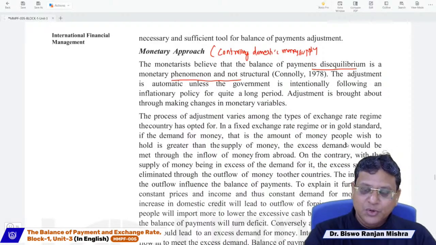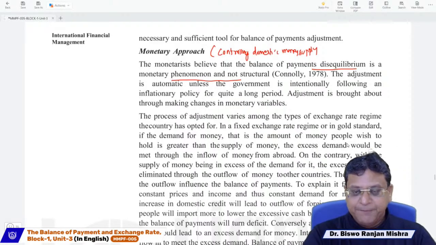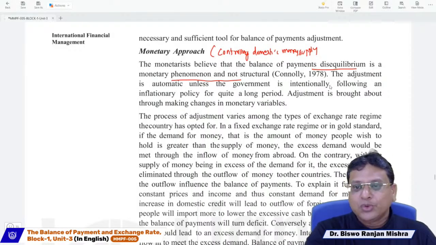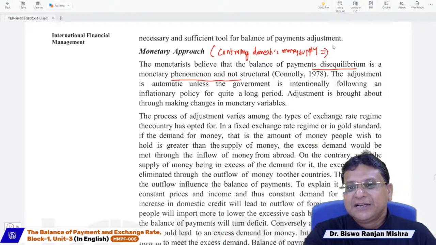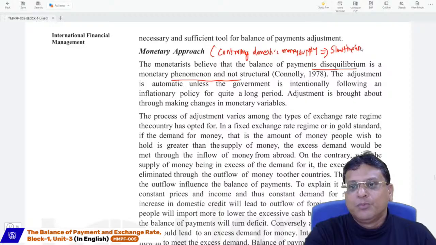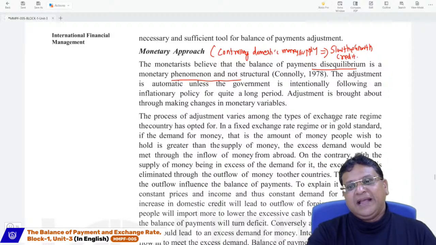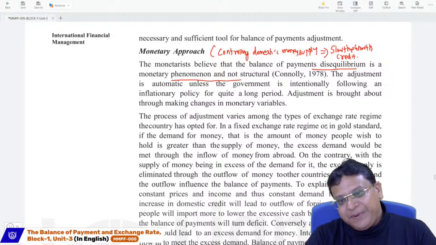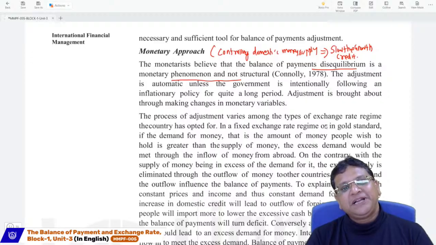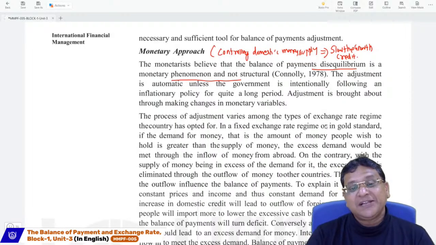How can you control the domestic money supply? The government should slow the growth of domestic credit. You know that credit creation is done by commercial banks, and credit creation can be controlled by the Reserve Bank of India through monetary techniques, quantitative techniques and qualitative techniques.